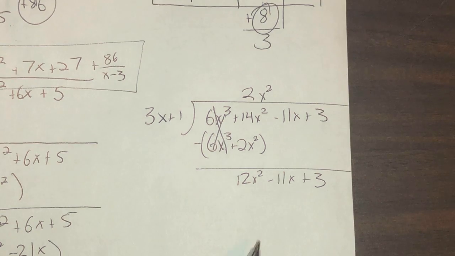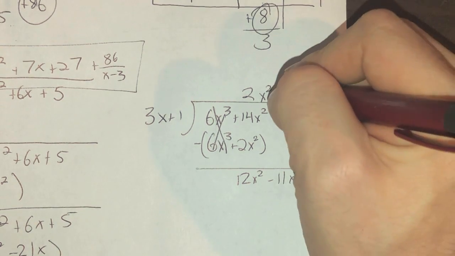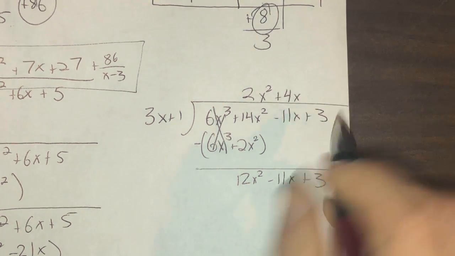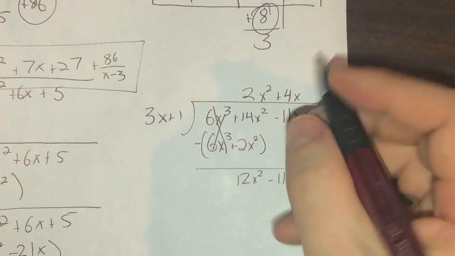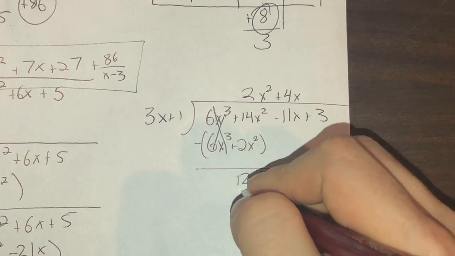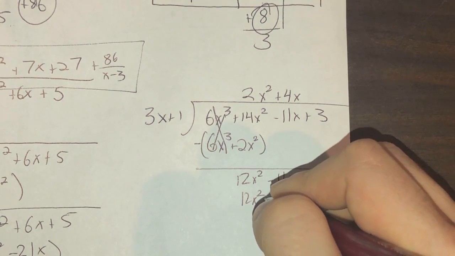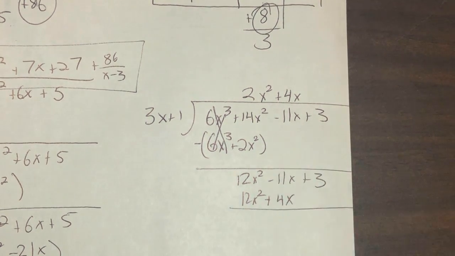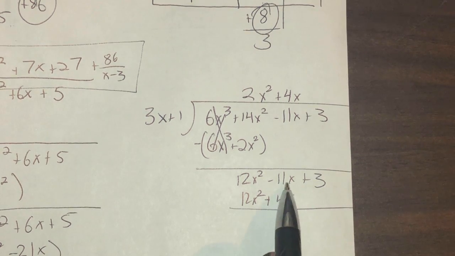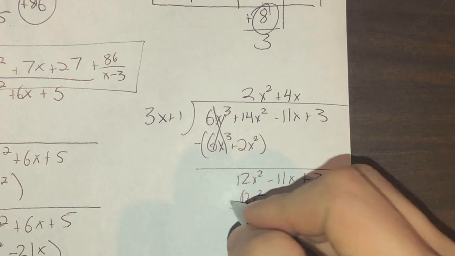Now what I do is I do 12x squared over 3x, giving me 4x. Notice 4 times 3 is 12. x times x is x squared. So I get a total of 12x squared plus 4x. Sorry, I was kind of stuck there for a second. Negative 11, so again, we do the subtraction.